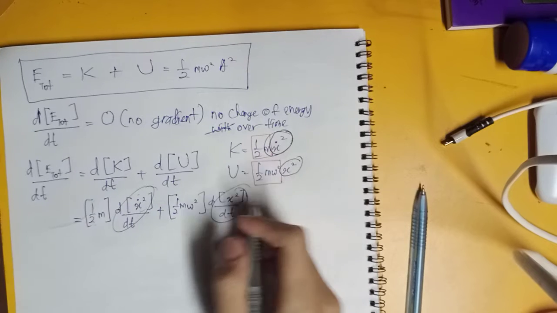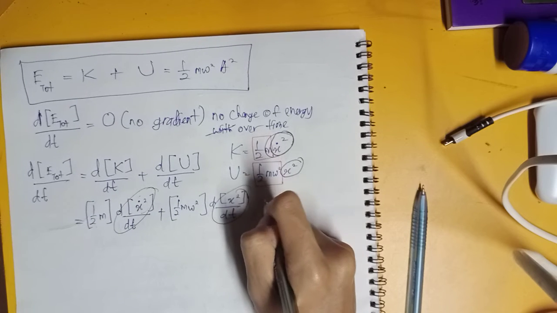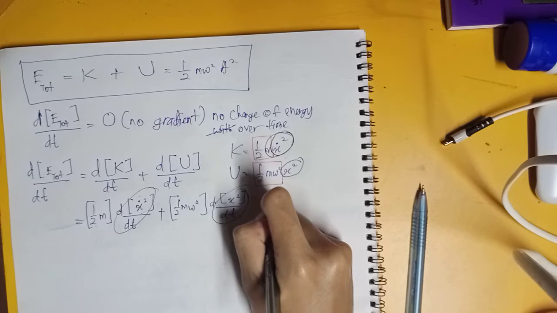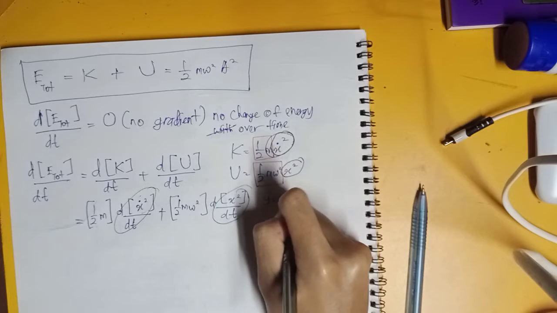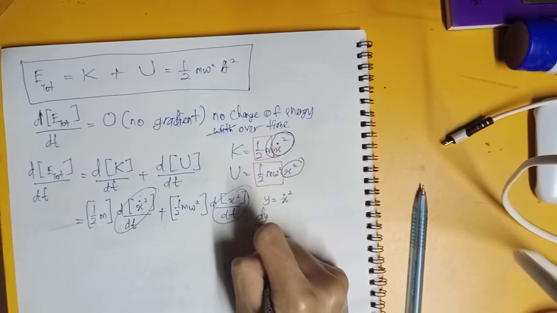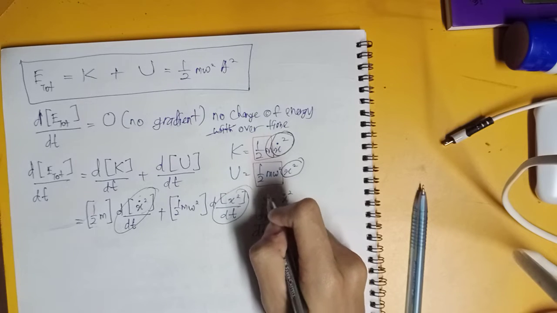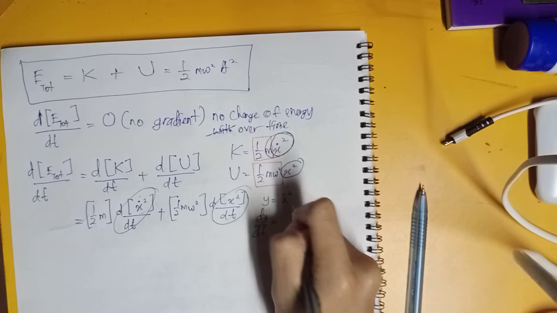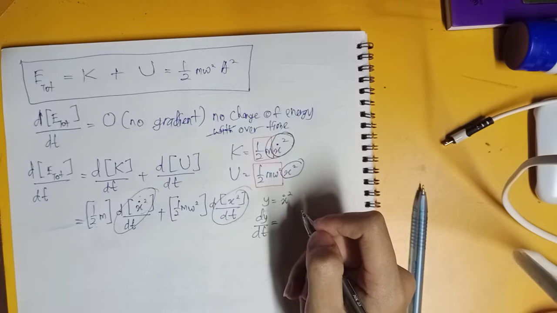What I mean is, let's say that y is equal to x dot square. So we want to differentiate with respect to time. So dy over dt, which means the differentiation of y with respect to t, is equal to... there is no t right here.